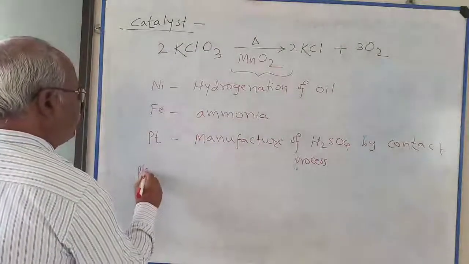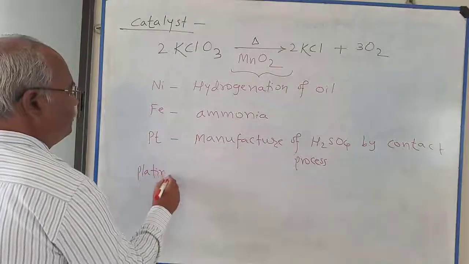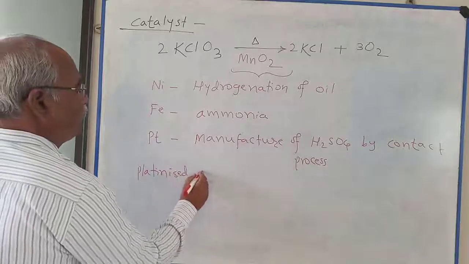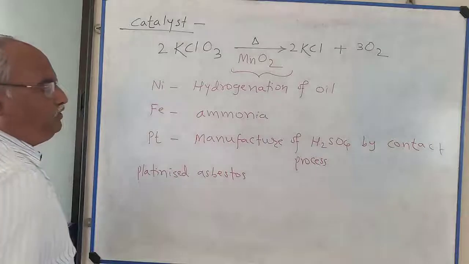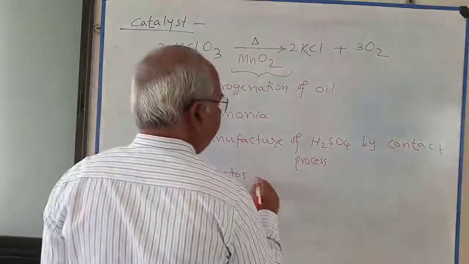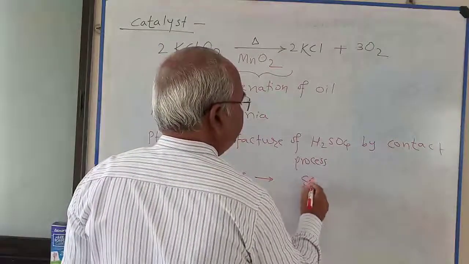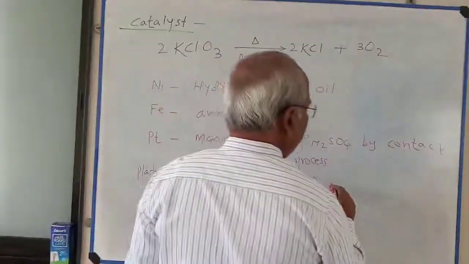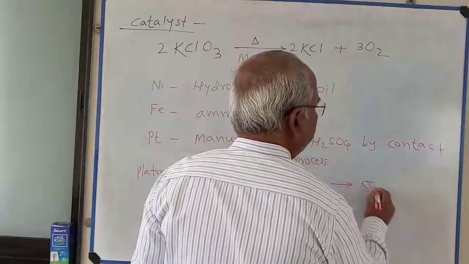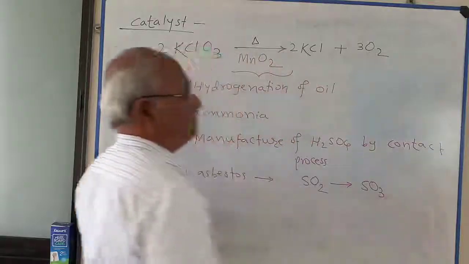Platinized asbestos is used as catalyst in the oxidation of sulfur dioxide to sulfur trioxide.